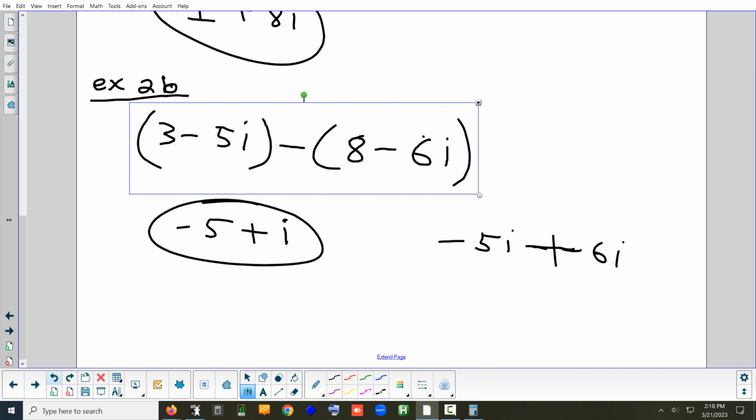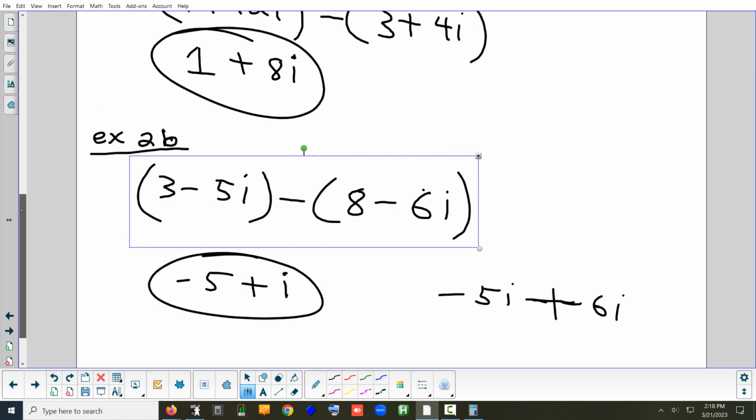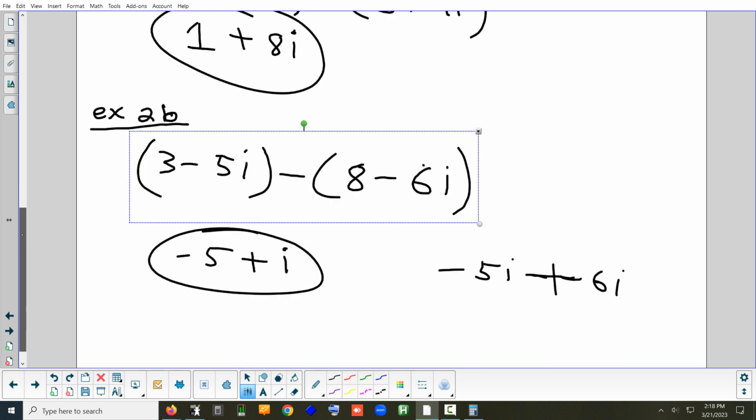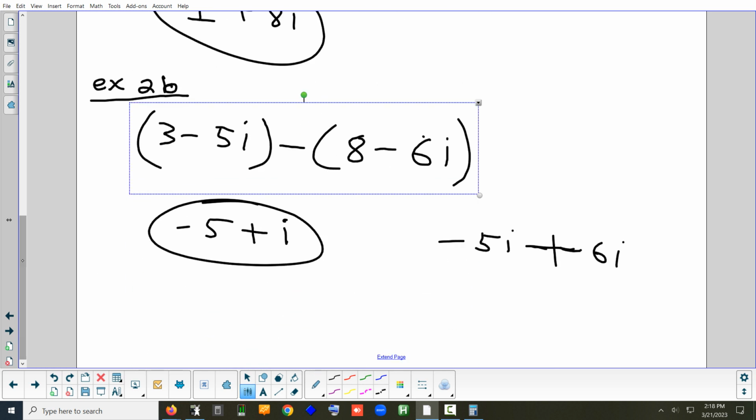So any question on that? So we've been writing down i all over the place. All these different i's. Well, what is i? What do you think it is? Can you be more specific?